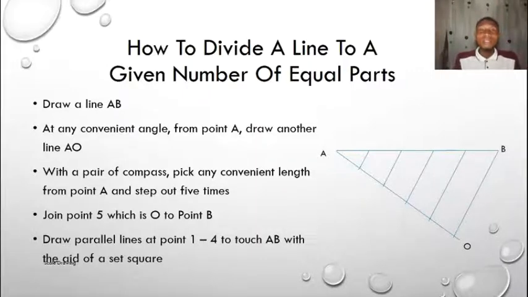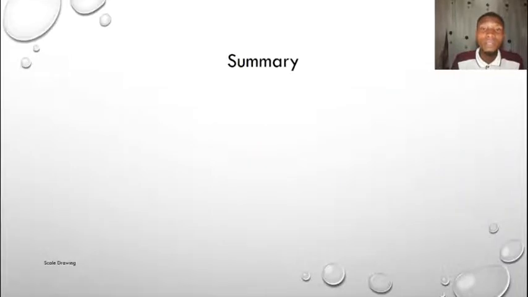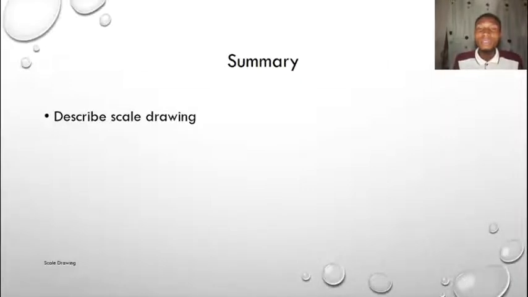So that is it for scale drawing. But before we leave, let's do a little summary of what we've treated so far today. First of all, we described scale drawing, explaining that scale drawing is a kind of drawing that compares the drawing on paper with the original objects.